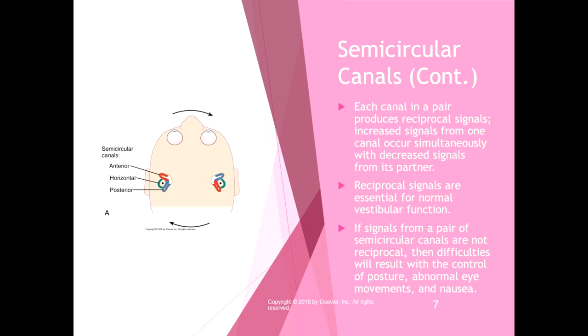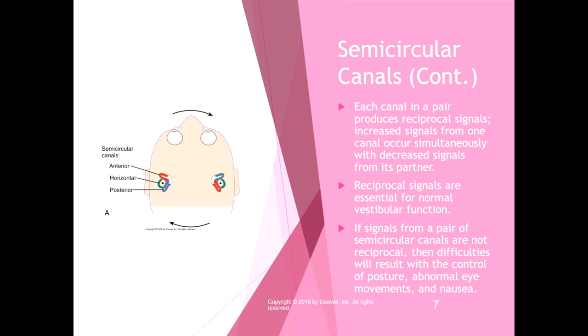Each canal in a pair produces reciprocal signals, meaning left and right being the pair. So increased signals in the left canal occur simultaneously with decreased signals from the right canal, and vice versa. So reciprocal signals are essential for normal vestibular function.